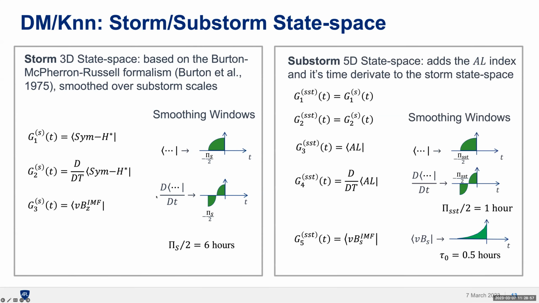And then when we wanted to expand this modeling approach to substorms, we simply added the AL, or the substorm index, and its derivative. So we now have this 5D state space for substorms: the storm index, the substorm index, their time derivatives, and then we switch to this VBs parameter.